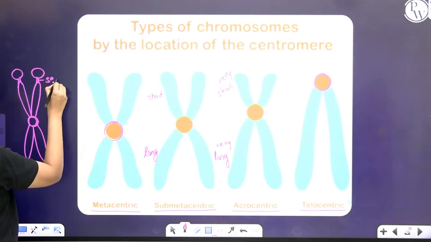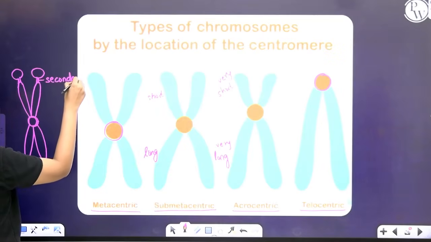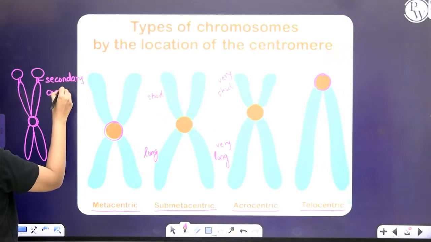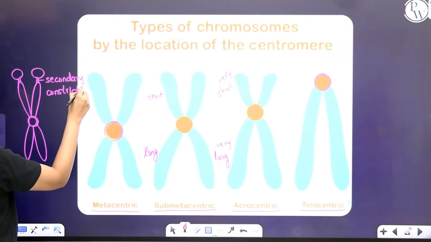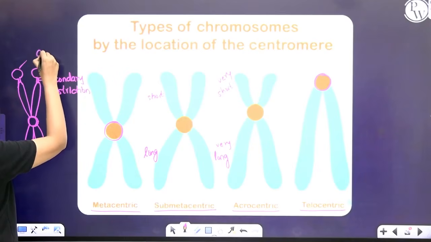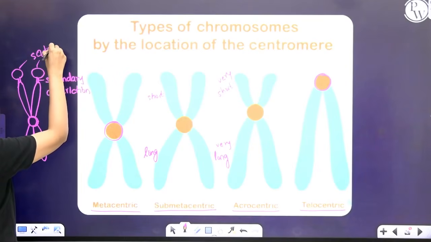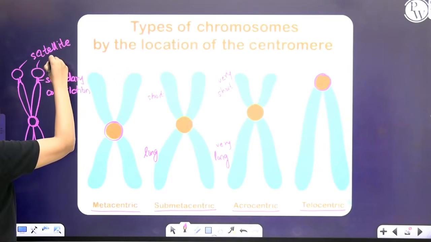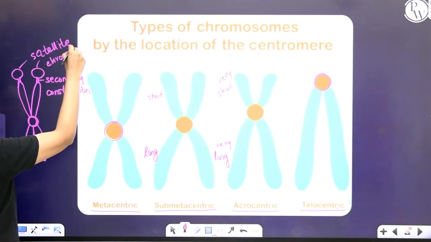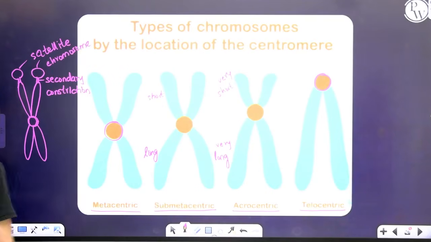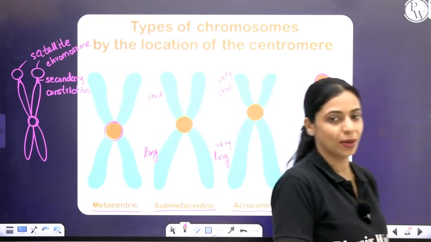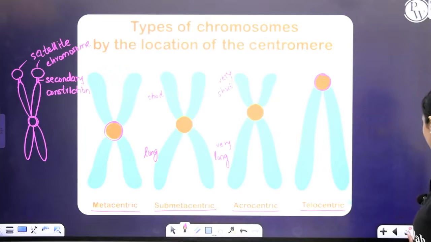This is called secondary constriction, and this part is called satellite chromosome. Okay. So this is not there in every chromosome. In some chromosomes, it may be present. That's all about the nucleus.